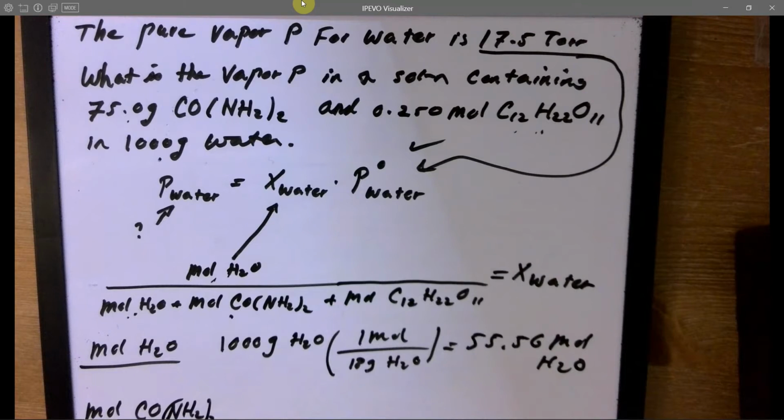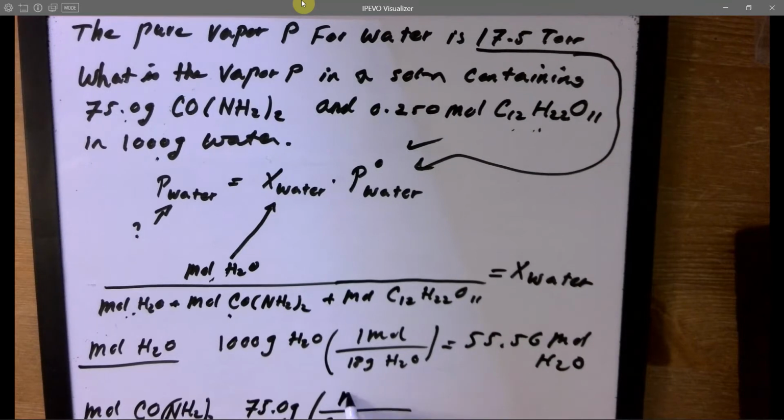Again, it's the same idea. I have 75 grams of that. And then if you go look up in the periodic table and figure that out, you see that it's 60.1 grams per mole. And so this ends up being 1.25 moles of urea, which is CON2H4.